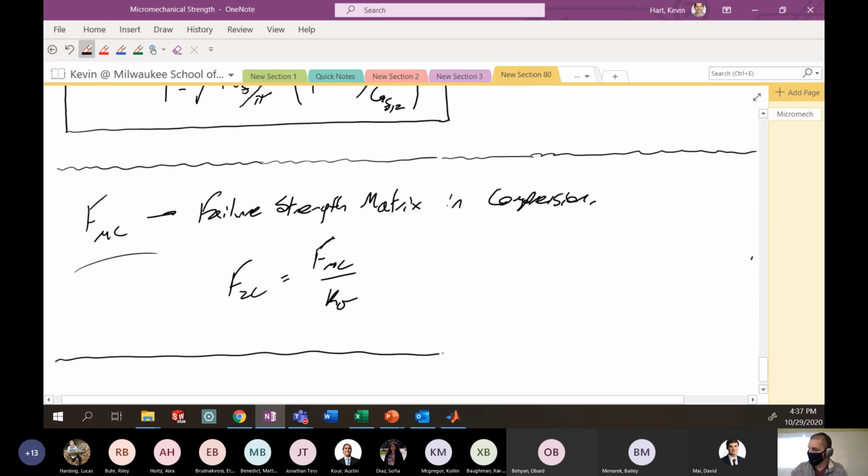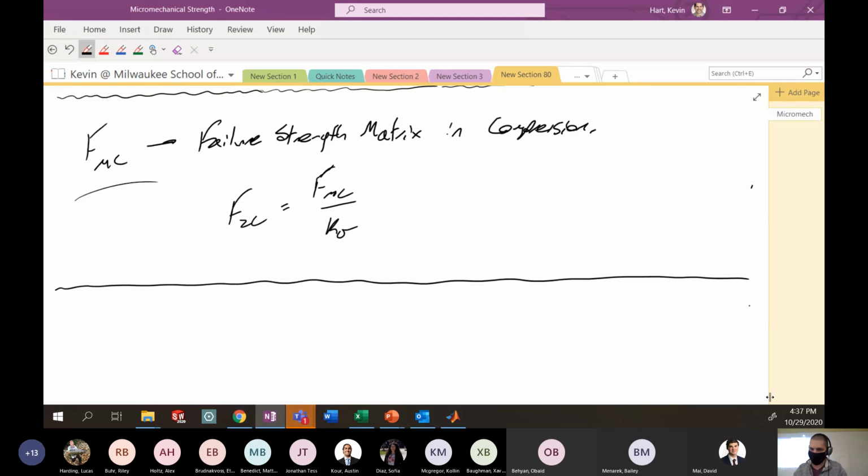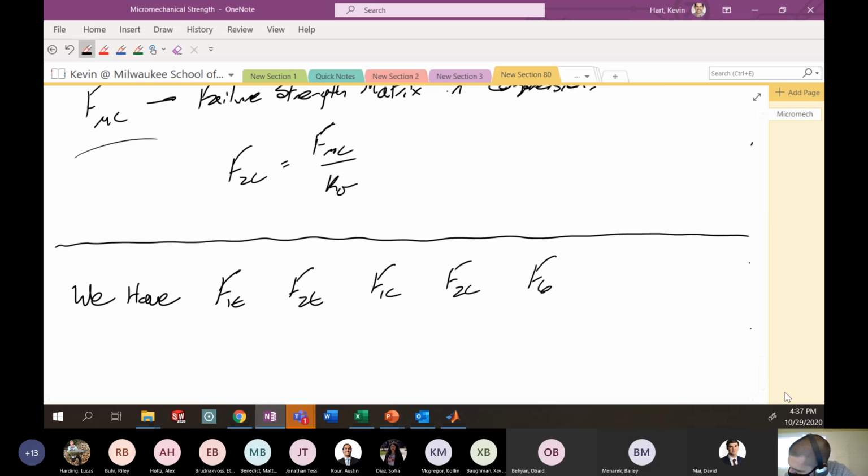Right, so we've got F1T, F1C, F2T, F2C, and F6. Great, fantastic. But we know that composites are loaded in complicated ways. So we have F1T, F2T, F1C, F2C, F6.